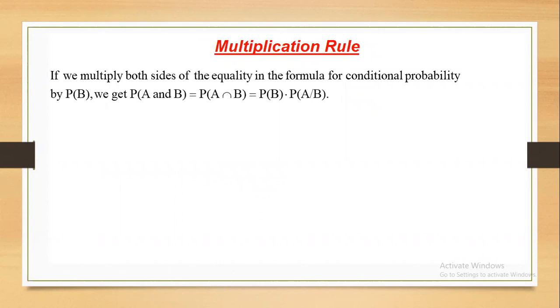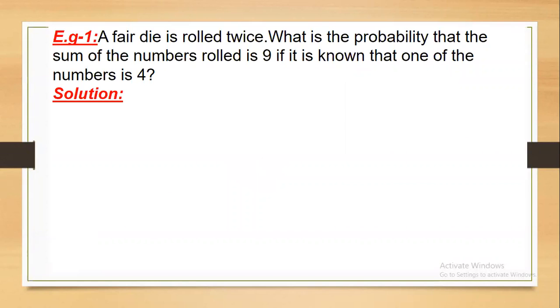It's also called the multiplication rule. You can see we get here P of A and B equals P of B times P of A given B. Okay, let's move on.